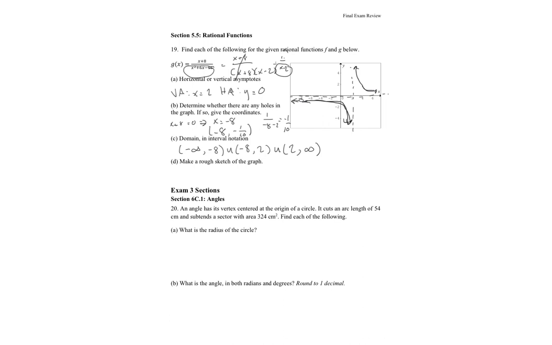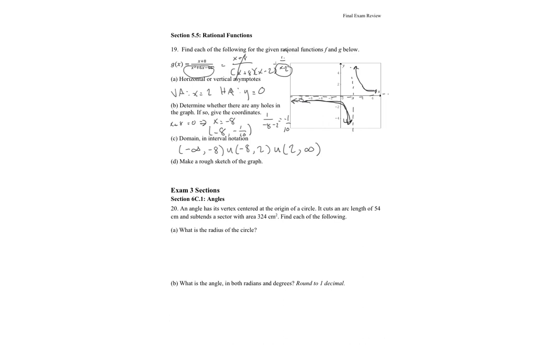All right, so for number 20, we have an angle that has its vertex centered at the origin of a circle. It cuts an arc length of 54 centimeters and subtends a sector with area 324 centimeters squared. We have to find the radius and the angle.